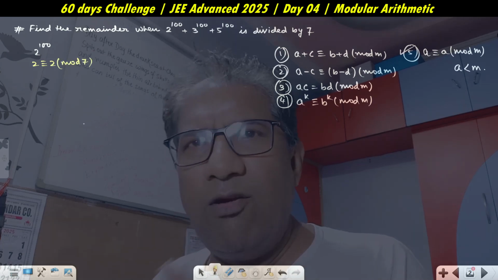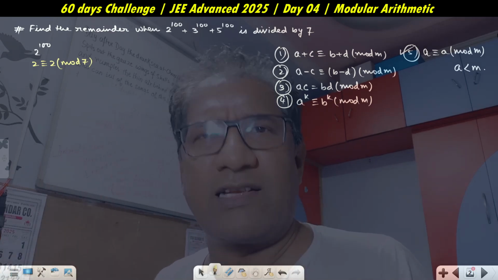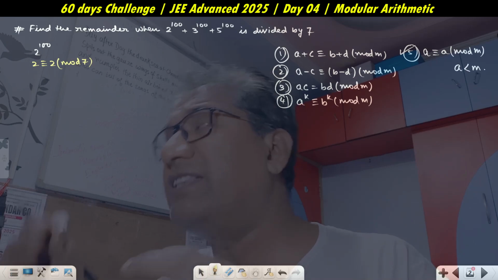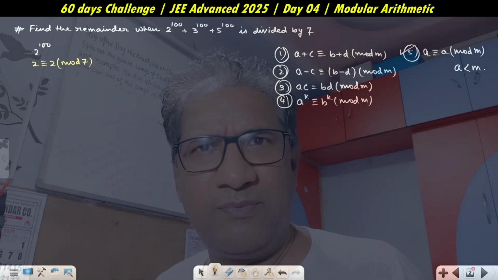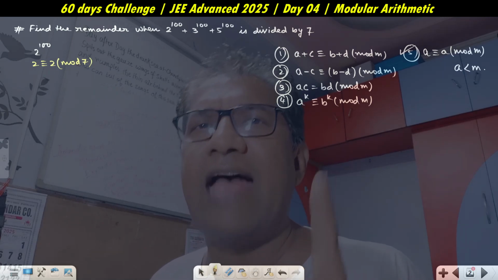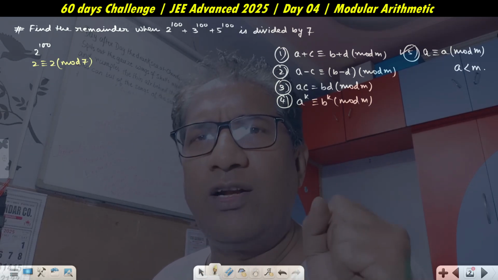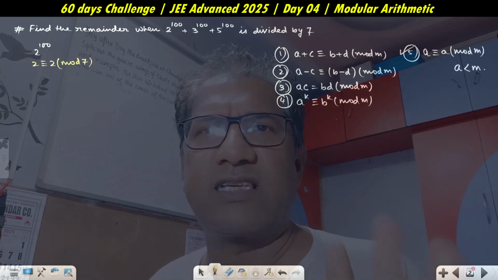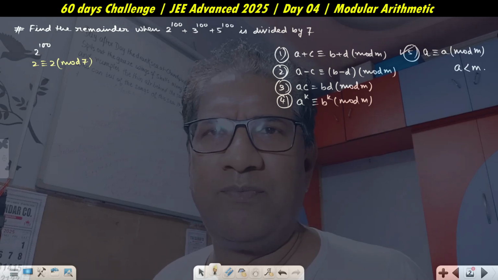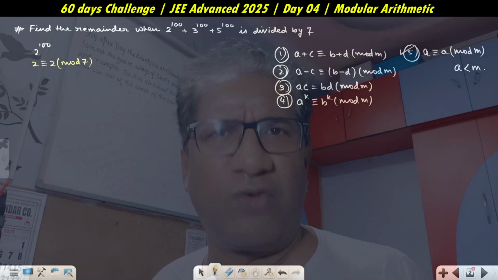You have to understand how we do this kind of sums. Whenever the exponent is too large, all we do is try to bring the remainder to 1. That's our only objective in this kind of problem. You find the remainder as 1 and do whatever is needed for that.